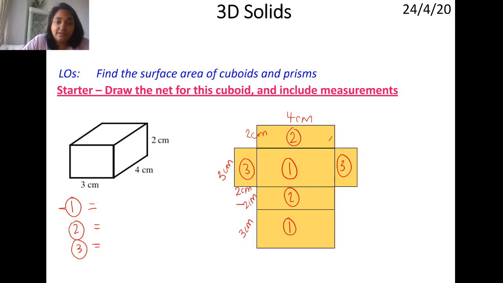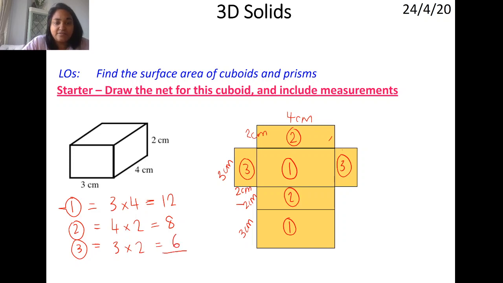So 1 is going to be a 3x4 centimeter rectangle, which is 12 centimeters squared. The number 2 panels are a 4x2, which is 8, and the third panels are 3 by 2, which is 6.